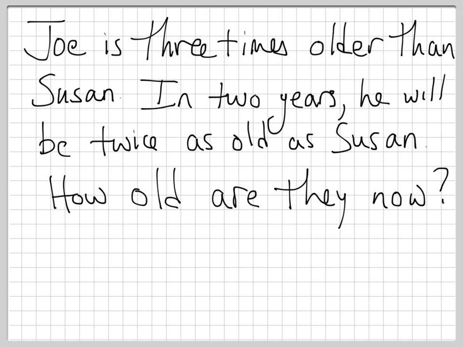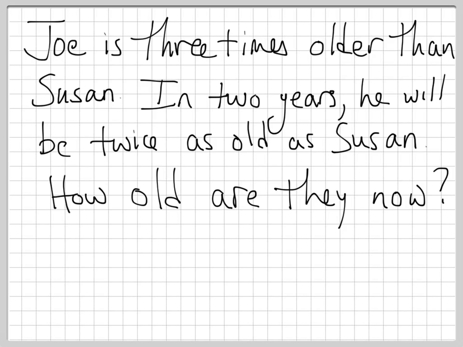Okay, so here is your normal, I'm going to freak out word problem. You see a word problem, all of a sudden the idea that you remember how to do math just drops out of your head. And I'm here to tell you that it doesn't have to be. So, reading the problem, Joe is 3 times older than Susan. In 2 years, he will be twice as old as Susan. So how old are they now? There's a bunch of things we have to figure out here. One is how to translate the sentences into math.